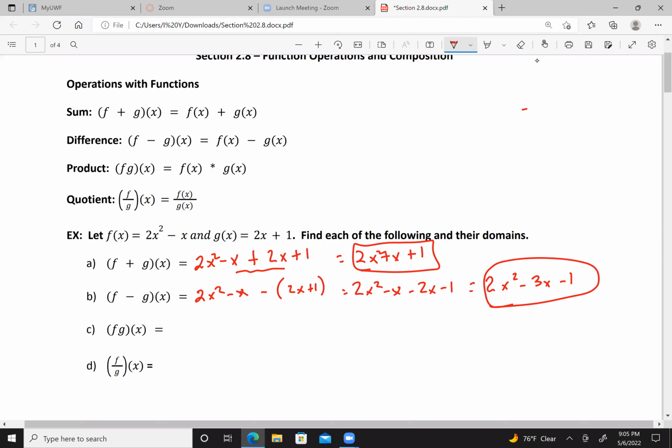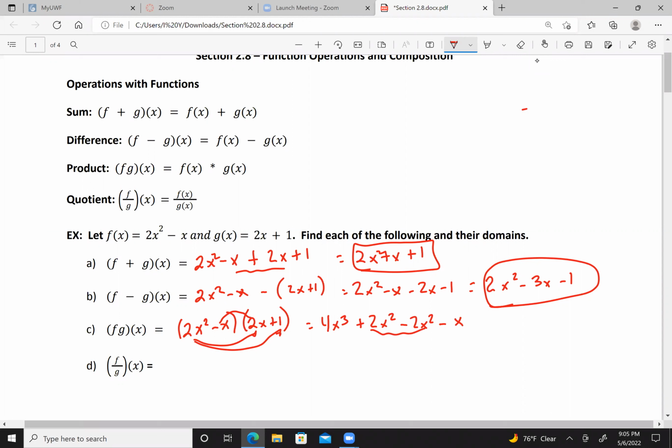Okay, f times g of x, well, we would have 2x squared minus x times 2x plus 1. FOIL, 4x cubed plus 2x squared minus 2x squared minus x.